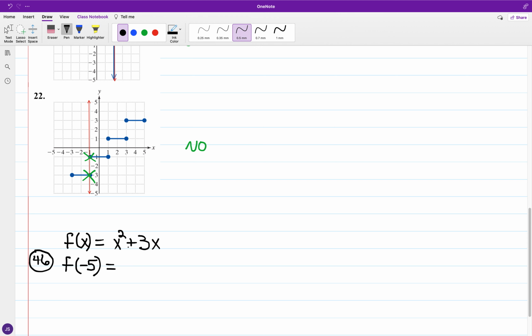So with the input at -5, squaring the input, we have the square of -5, plus 3 times the input, which is 3 times -5. The square of -5 is 25, and 3 times -5 is -15.